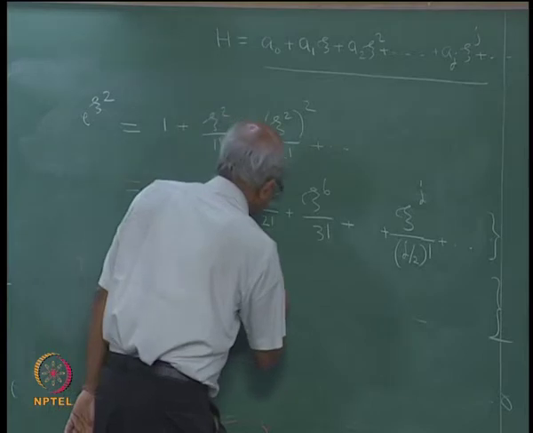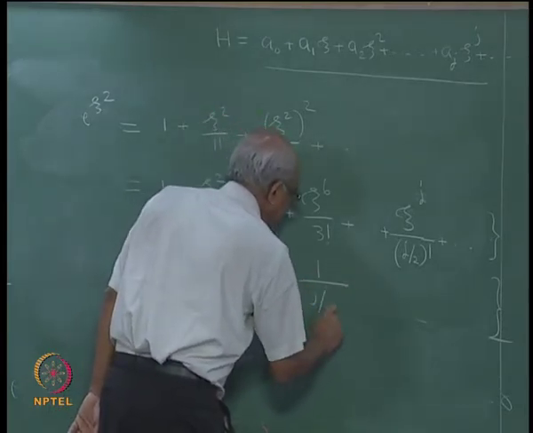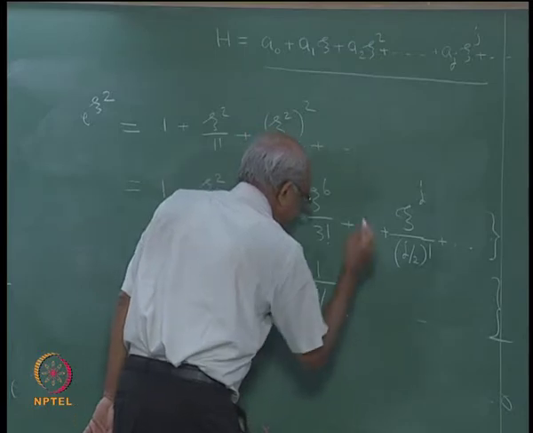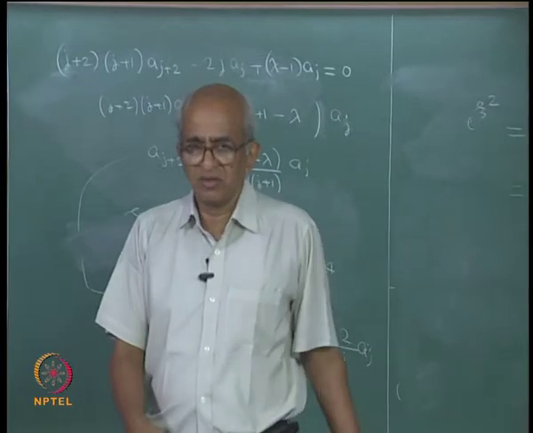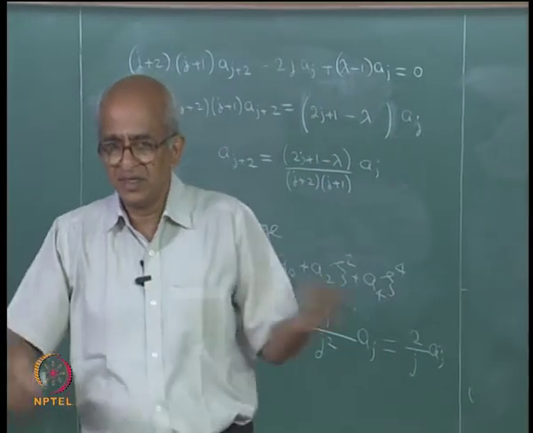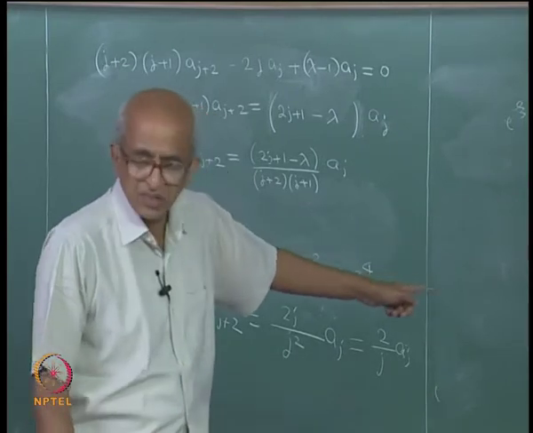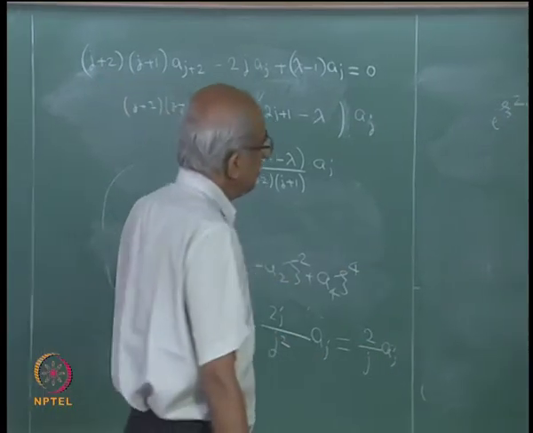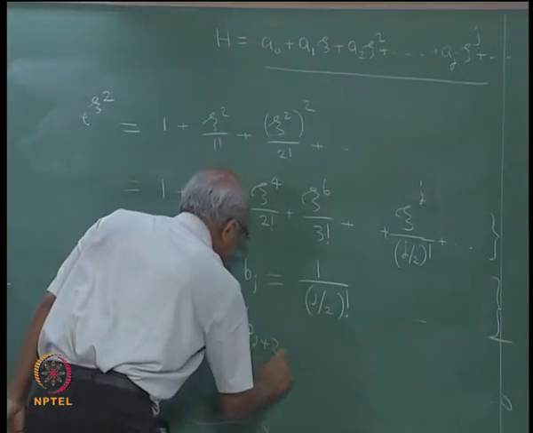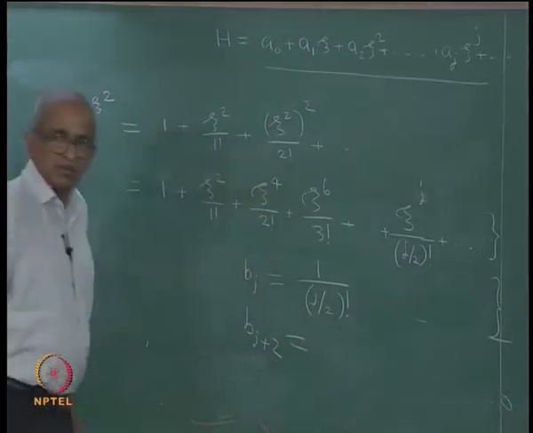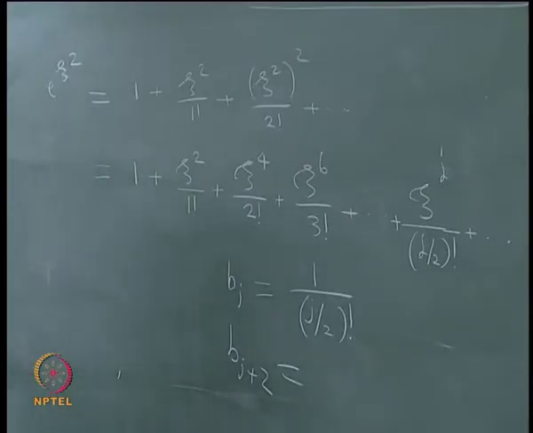So, what is bj? It is going to be 1 by j by 2 factorial, right. The coefficient of c to the power of j for this series is actually bj, and it is equal to 1 by j by 2 factorial. So, what will be bj plus 2? Right.